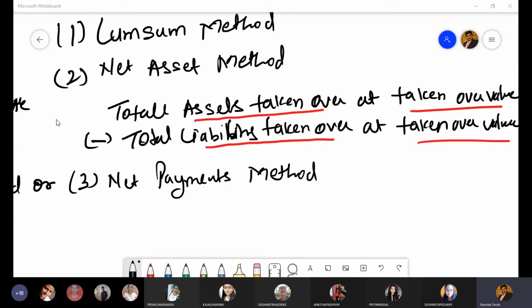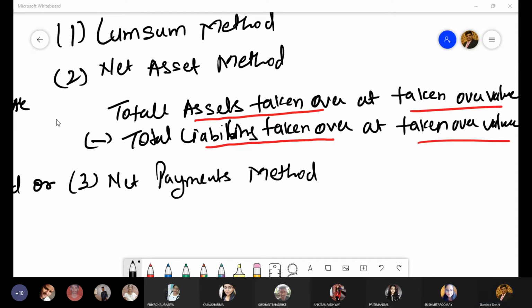So anything payable to preference shareholders, anything payable to equity shareholders will feature in the net payments method for the purpose of calculation of purchase consideration. But if it is paid to debenture holders, then that will not come in purchase consideration calculation. So anything paid to owners of the business, there are only two owners of the business, equity shareholders and preference shareholders. So anything paid to them will come in calculation of purchase consideration.